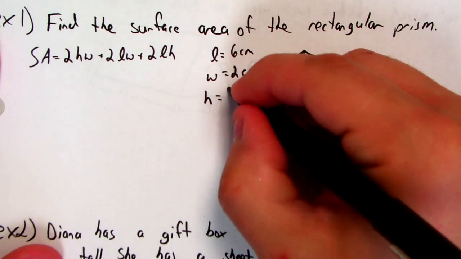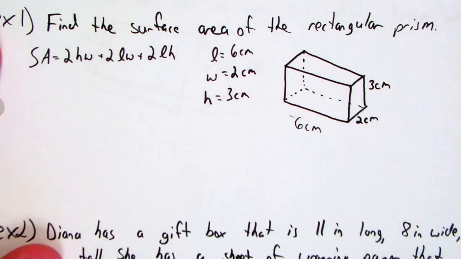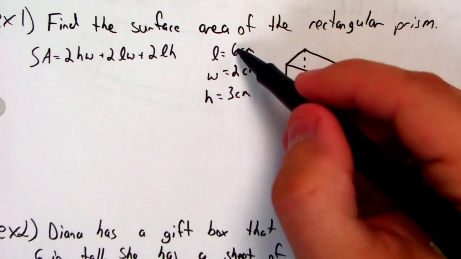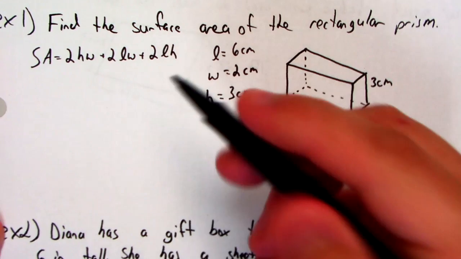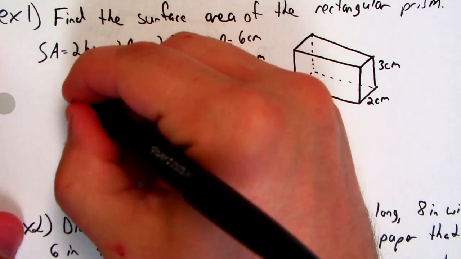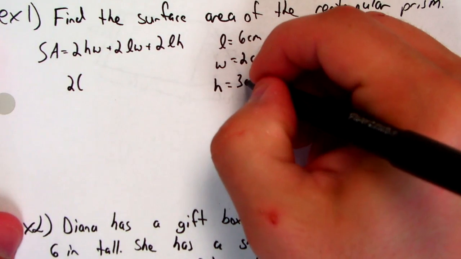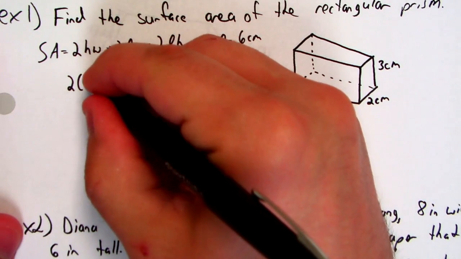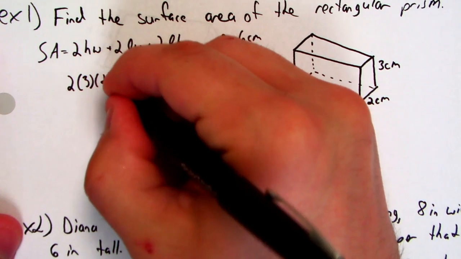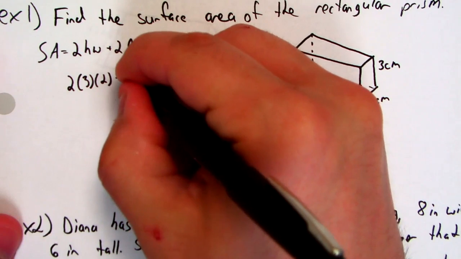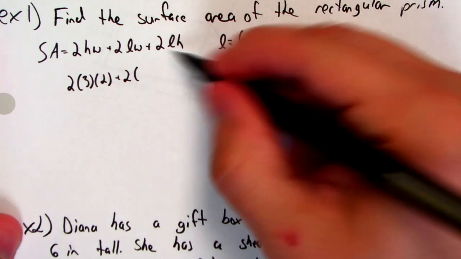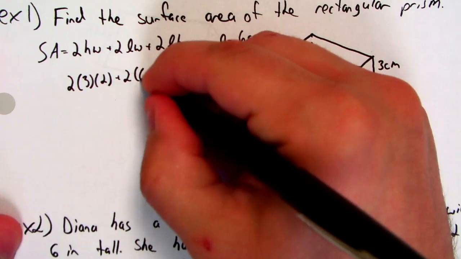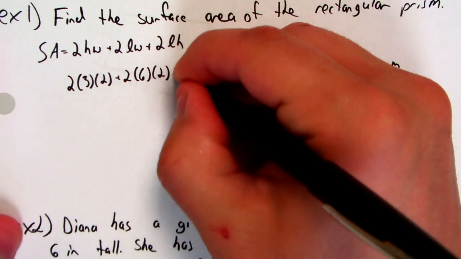And I'm going to substitute each one of these numbers where they go in the formula. So we have 2, H is 3, W is 2. L is 6, W is 2. L is 6 and H is 3.